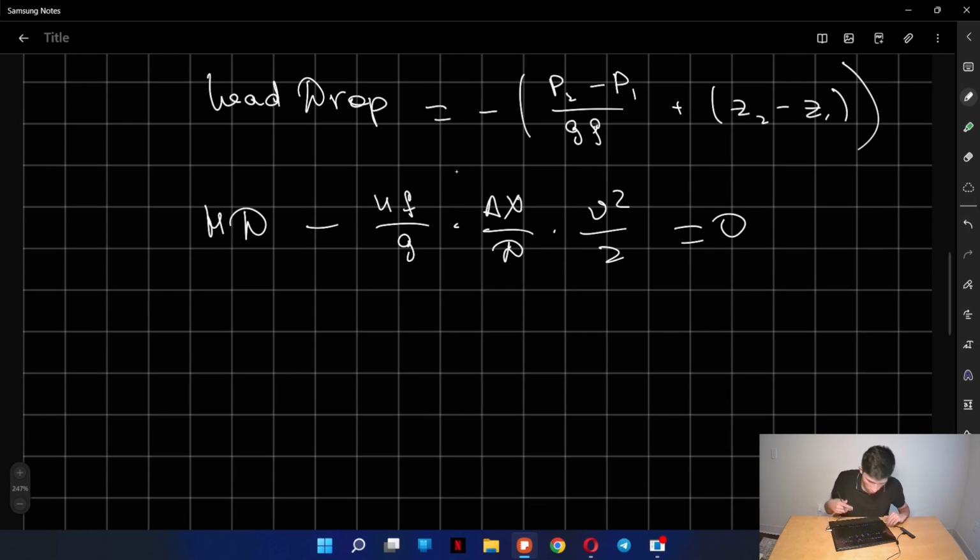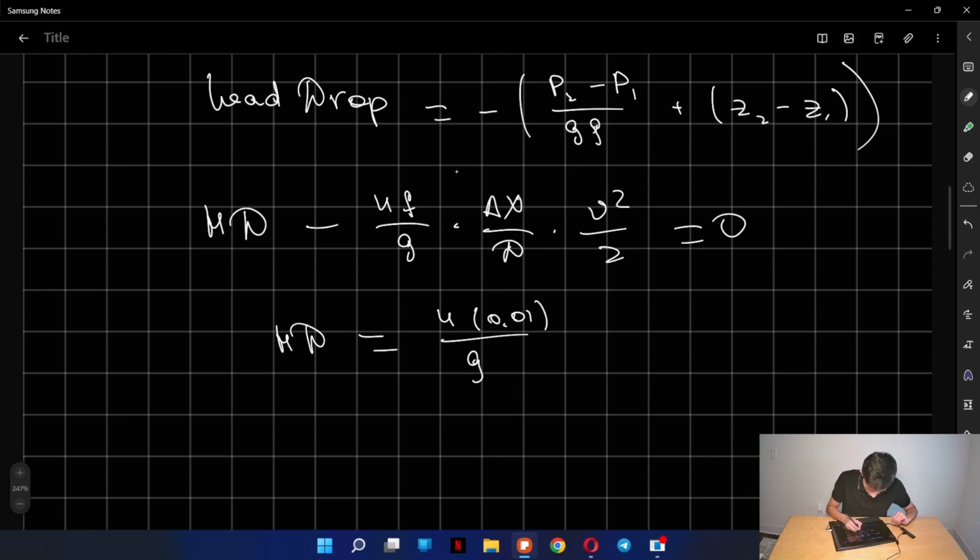Okay, but for that, we know that our velocity, so from this equation, let's say we're given the head drop, right? And that's going to be equal to 4 times f. And let's say we have our initial guess for our Reynolds number, so that if we have a guess for the Reynolds number, we know the friction factor, right? Let's say it's equal to 0.01, right?